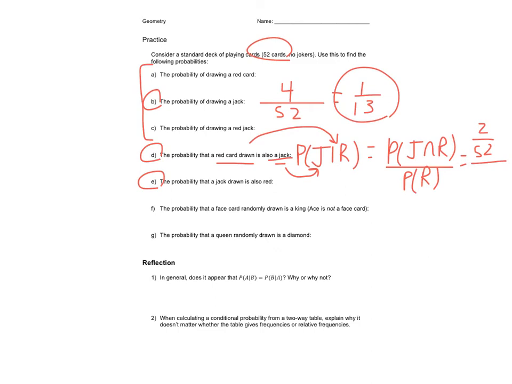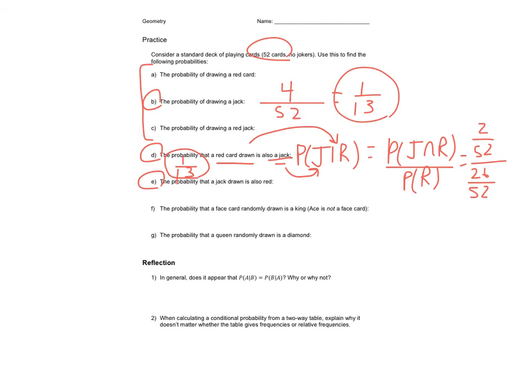And what's the probability of a red? 26 over 52. Now, if I conduct that multiplication, you would multiply by the reciprocal, the 52s would cancel. You would get 2 over 26, which reduces to 1/13. That would be your final answer. 1/13 would be your answer for letter D.